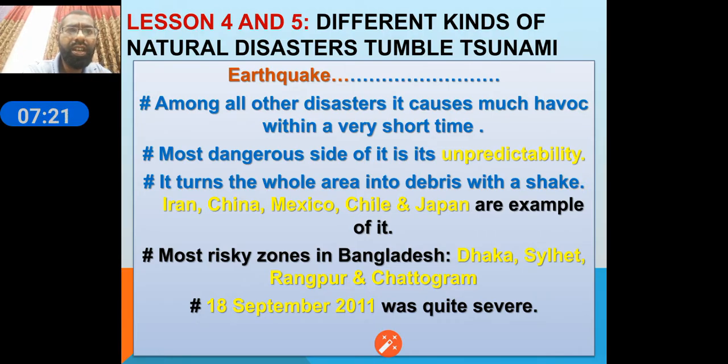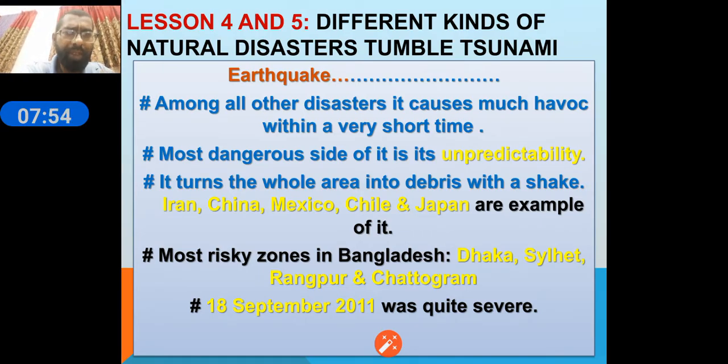The most earthquake-prone areas in the world are Iran, China, Mexico, Chile, Japan, and in Bangladesh also Dhaka, Sylhet, Rangpur, and Chittagong are very dangerous areas for earthquake. Most of you can remember from your early life, in 2011 there was a severe earthquake in Dhaka city and throughout the country.